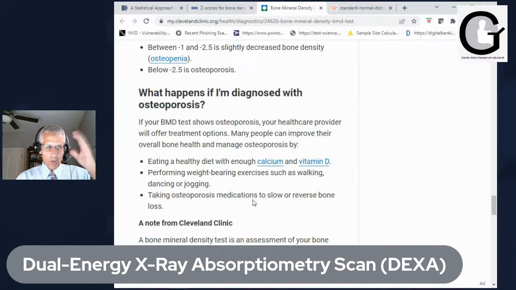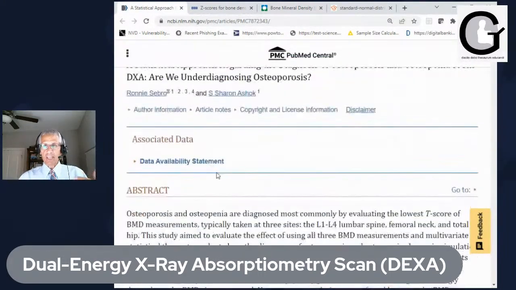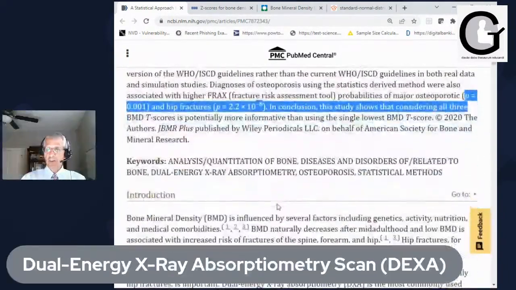So is that the right way to do that? Well, according to the National Institutes of Health, it's not just good, and in fact, are we underdiagnosing osteoporosis because we're only taking one scan, or only taking the lowest score? Are we underdiagnosing it, which is interesting? And they do that through a series of correlations and everything else that has to go along with that.